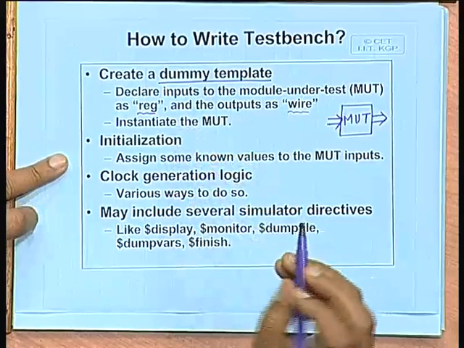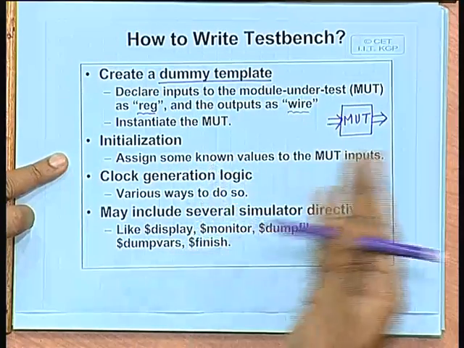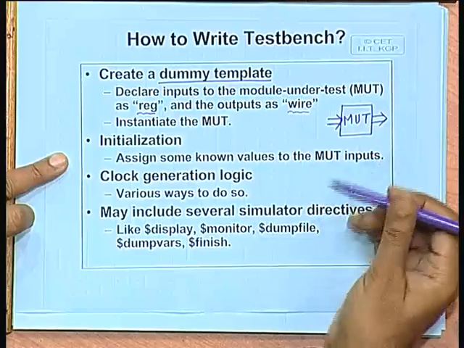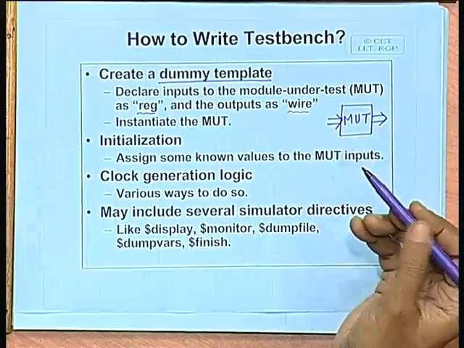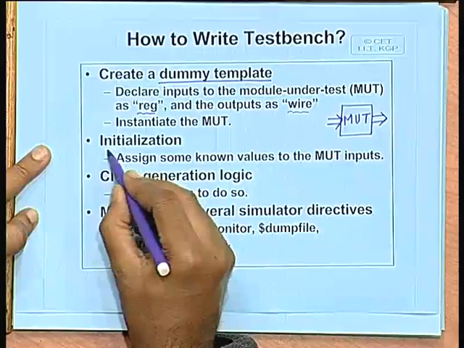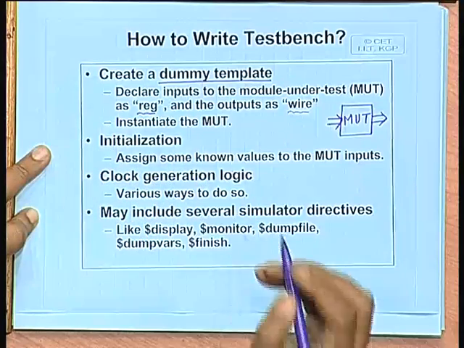And second is that before you start the actual testing process, you may need to initialize some of the values in the MUT. For example, if your design is just a simple counter, then you may need to reset or clear the counter to start it to a known state, say all 0. So the next step will be, you will have to initialize.